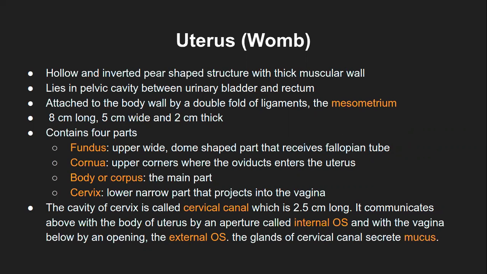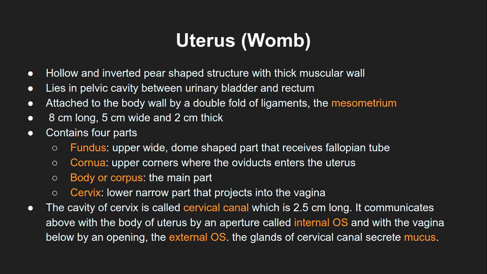Shape: this is the regular or normal shape when it is not in the menstruation phases, and surely not in pregnancy. So a normal size is 8 centimeter long, 5 centimeter wide, and 2 centimeter thick. Now imagine, 8 centimeter long is not big at all, right?